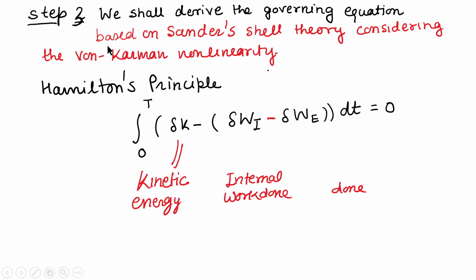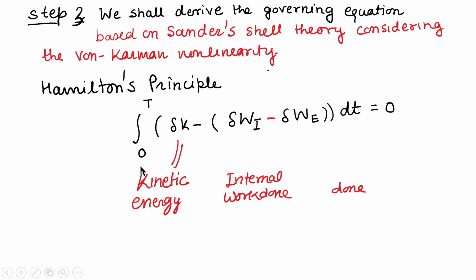We derived that set of governing equations in lecture 1 of week 3. I have covered the kinetic energy, the internal work done, and derived the relations for the external work done. Now I am clubbing all the terms together and equating it to 0.